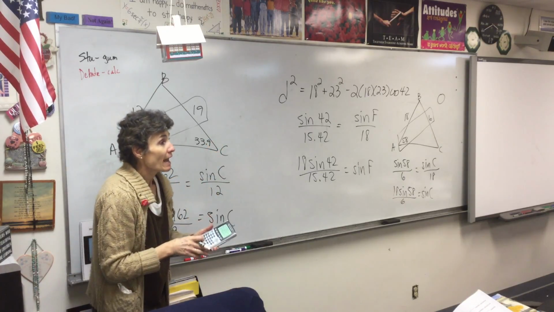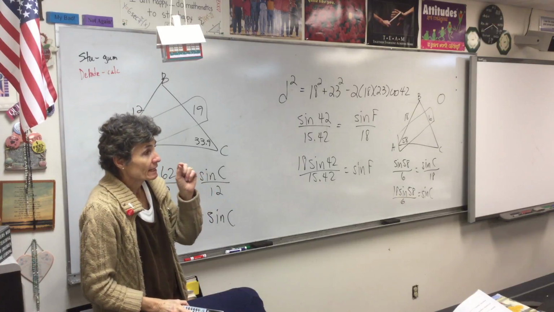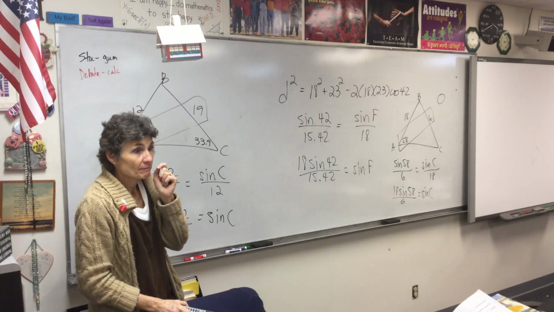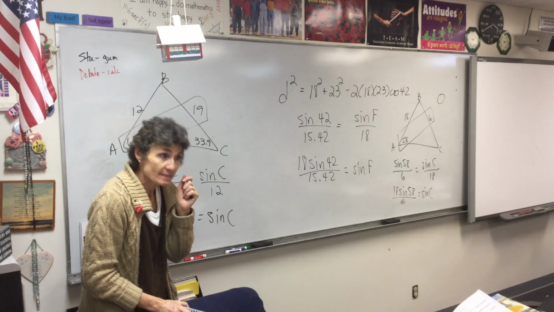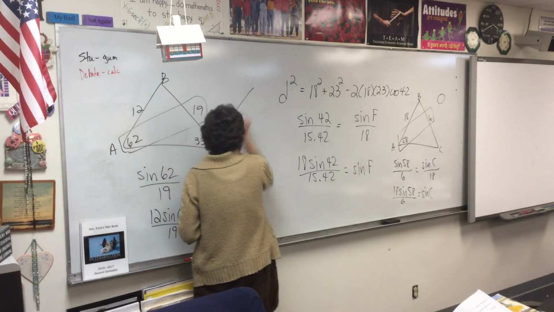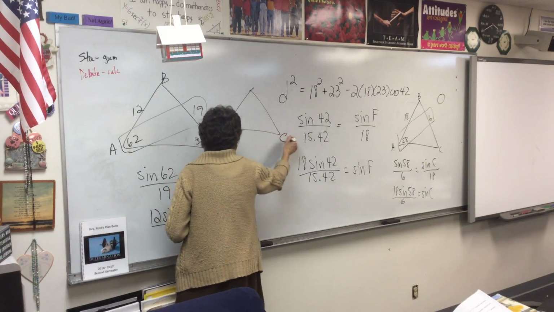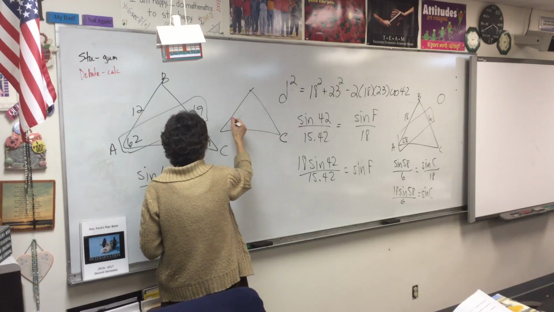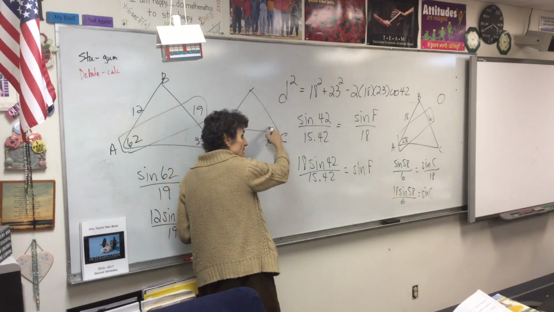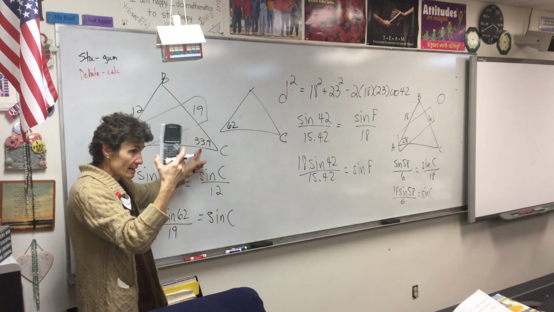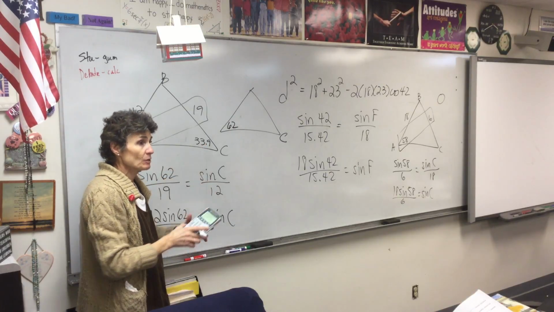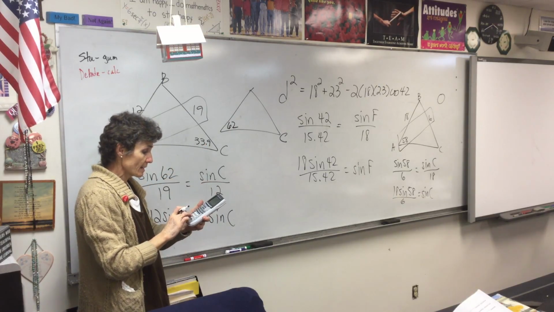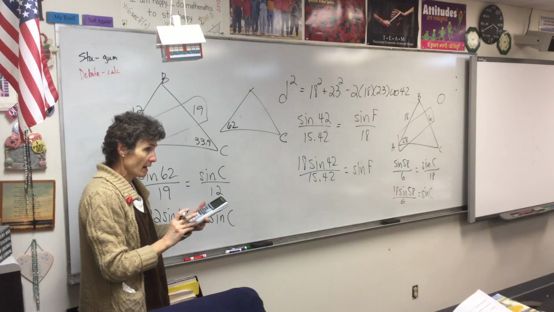Now, what do I have to check when I get an answer? I have to check if there is a second answer, a second angle C. This was my first angle C, right here. If there's a second one, it's always 180 minus the first one.